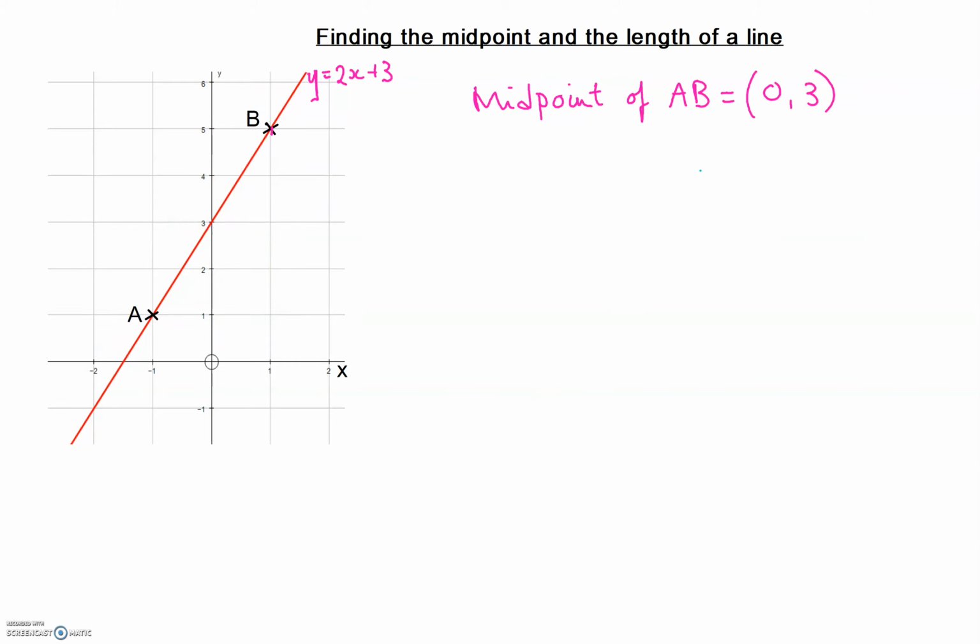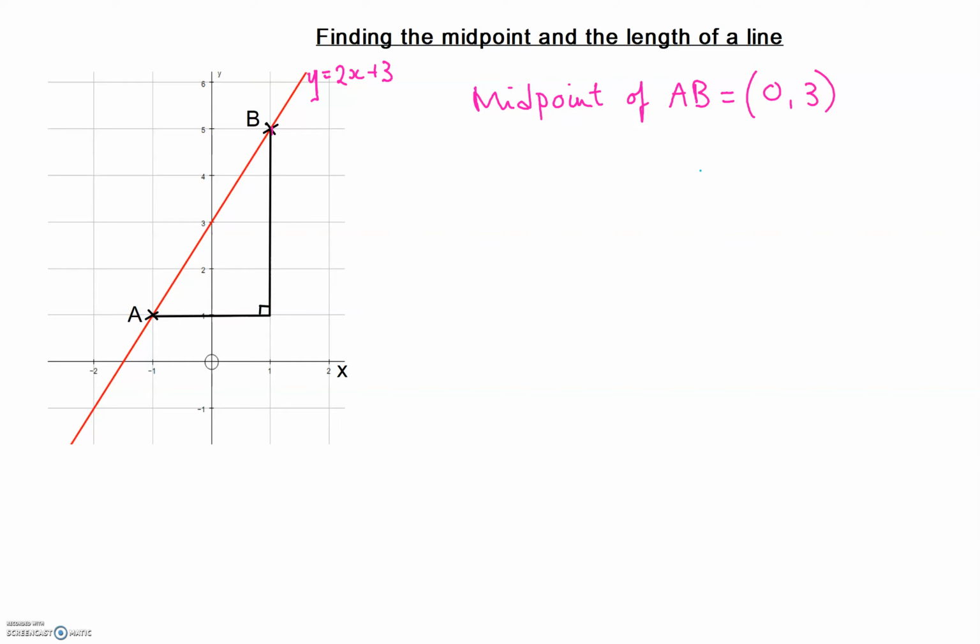And the next thing we're going to find is the length of the line AB. We're going to use Pythagoras' theorem, because if I draw a line across the x coordinates from A to B and up the y coordinates from A to B, you can see that I have created a right-angled triangle.